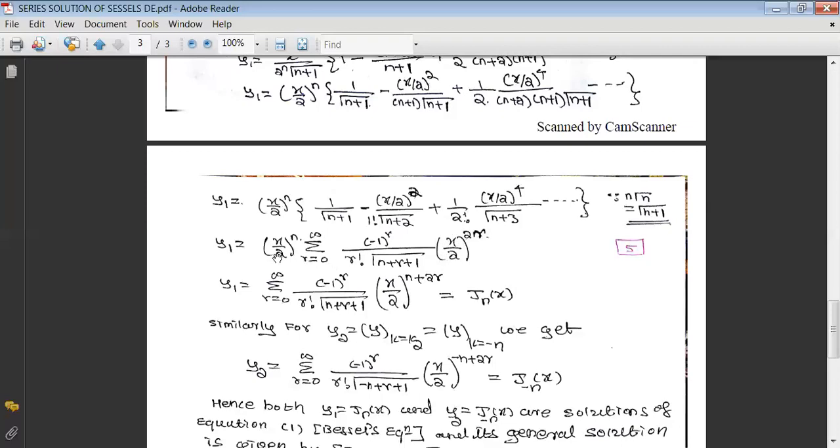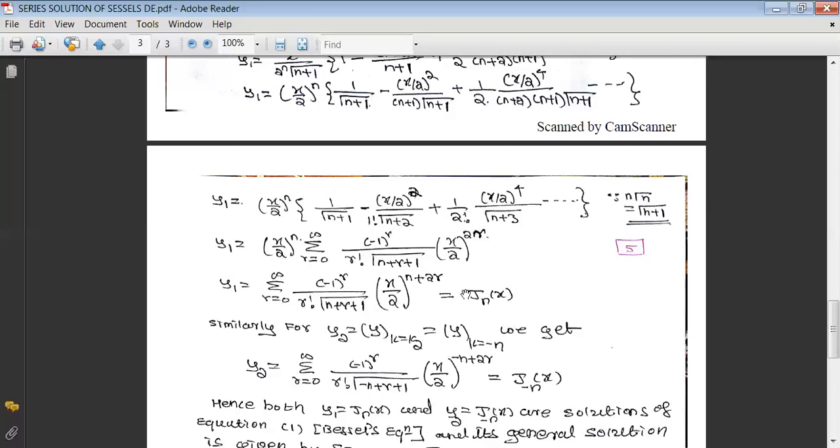And again, if I take this x by 2, which is free from r, inside the summation, and we find that base is same, we can add the powers. If we add the powers, we can write it as y1 equal to summation r varies from 0 to infinity, minus 1 raised to r divided by r factorial into gamma of n plus r plus 1, into x by 2 raised to n plus 2r, because base is same, we can add the powers.